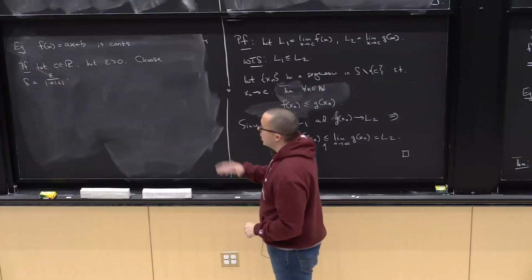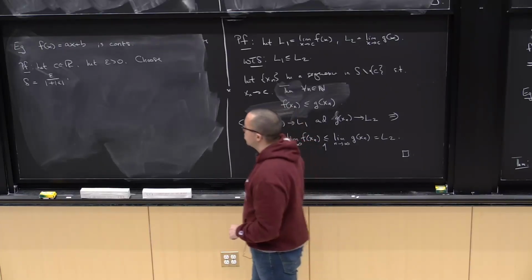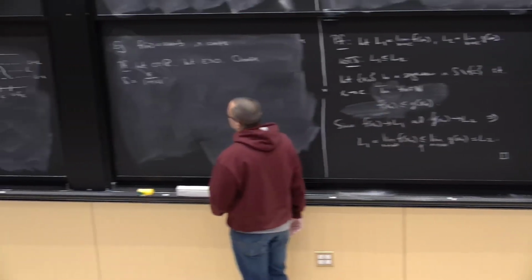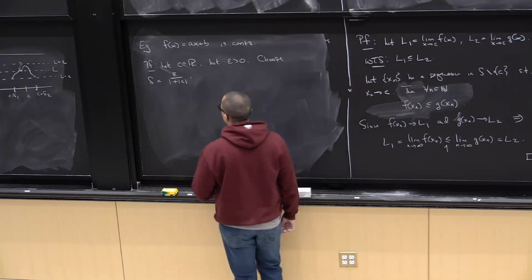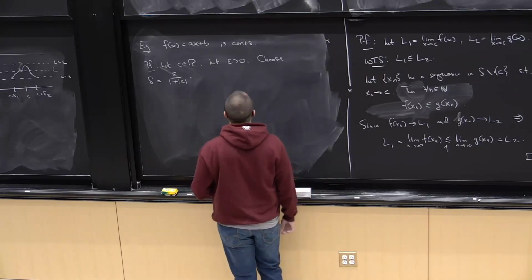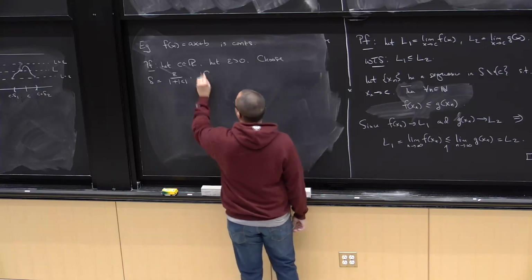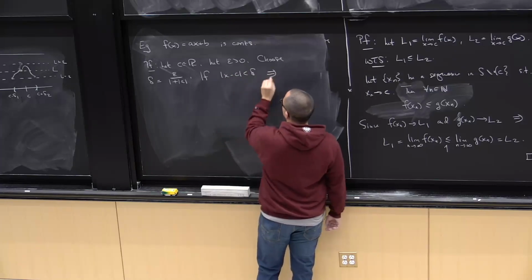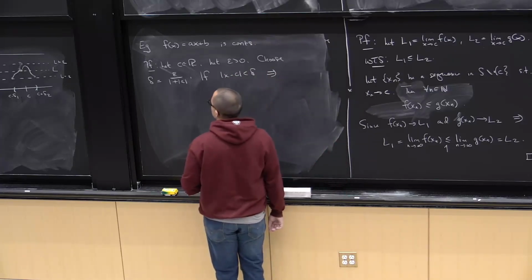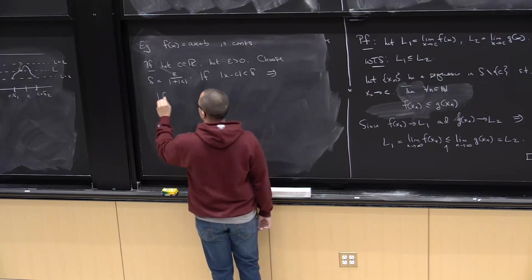And in the previous lecture, I gave the intuition on why you would choose this delta based on the function and epsilon. I'm just going to choose delta this way, and you'll see that it works. So now we have to show this delta works. If |x - c| < delta, we should be able to show that |f(x) - f(c)| < epsilon.